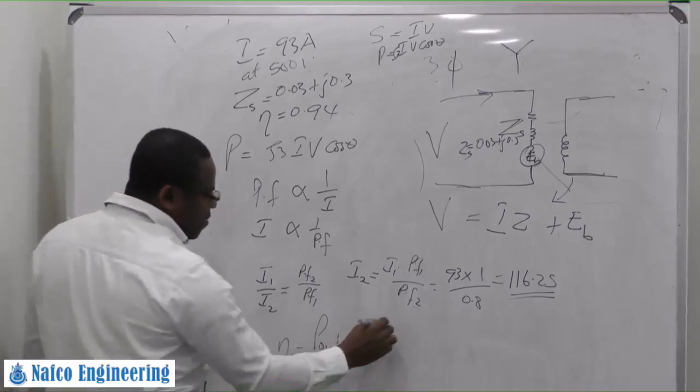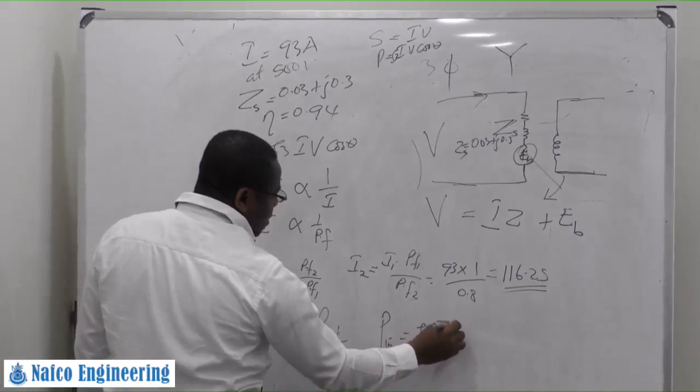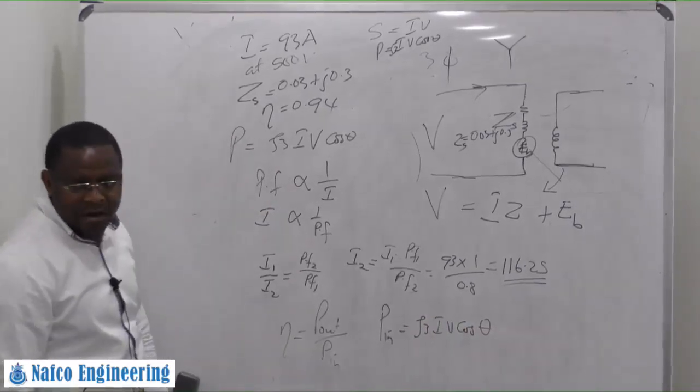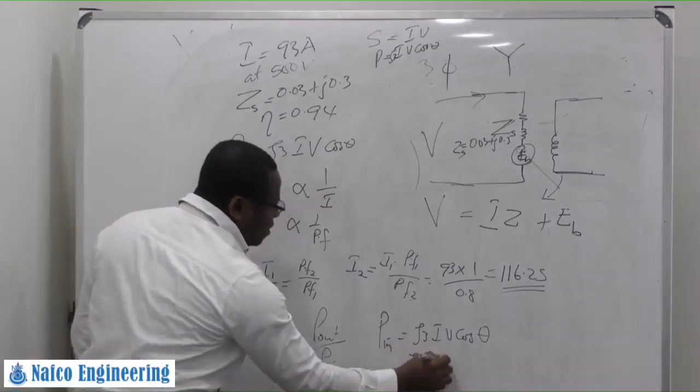And P in is √3 IV cos theta. Agreed? So we have root 3 here, we have 93.